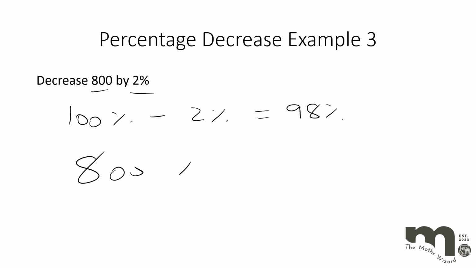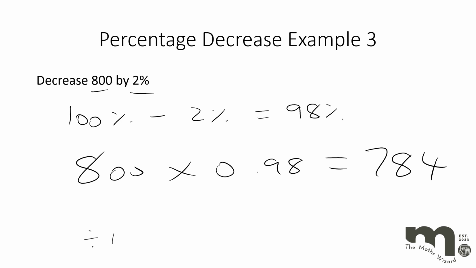Then if we do 800 times 0.98, that would give us 784 for that one. Like I said though, you can do 2% and just take it off if you are more comfortable doing that. So to do 2%, you would divide by 100 to get 1% and times by 2, and that would give you 16, which you can then take away from 800 to get you 784.